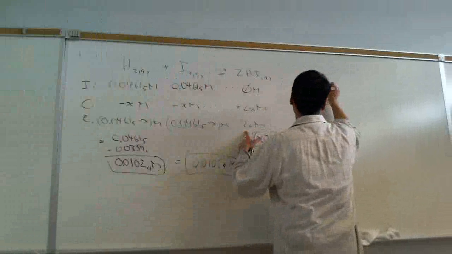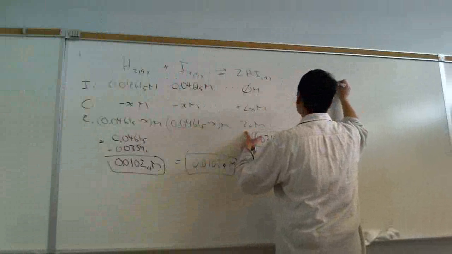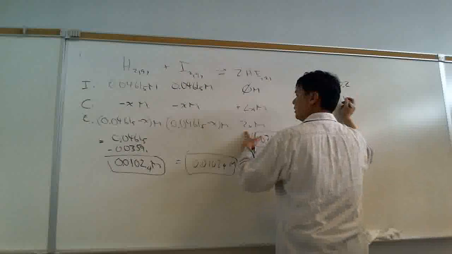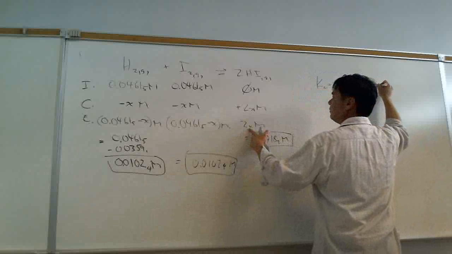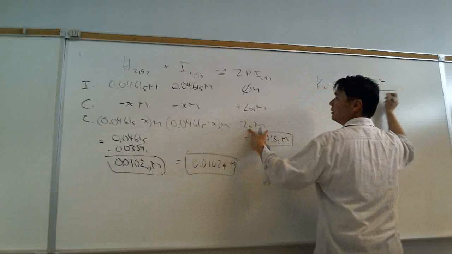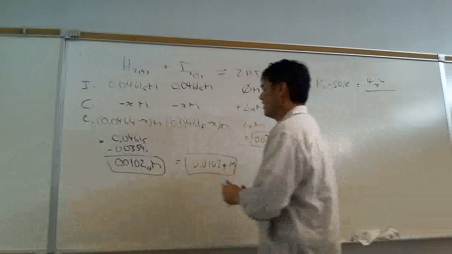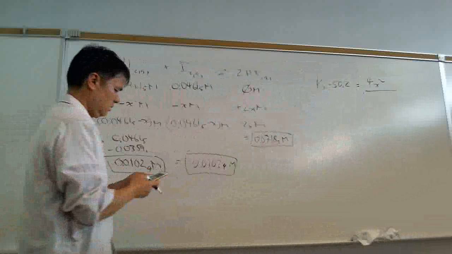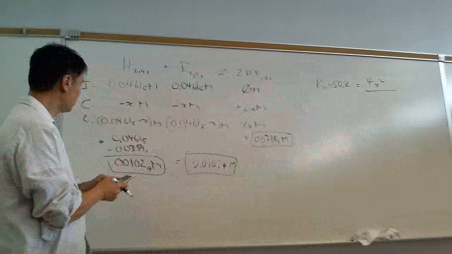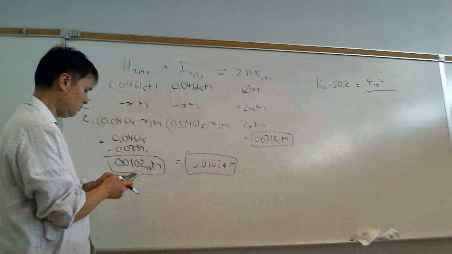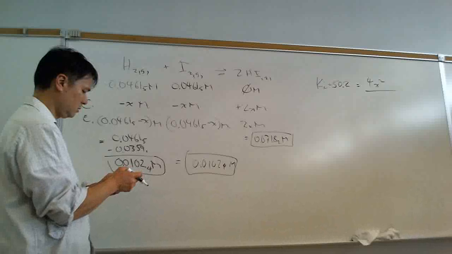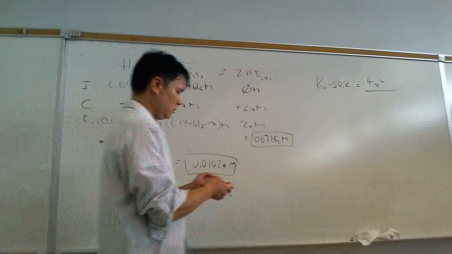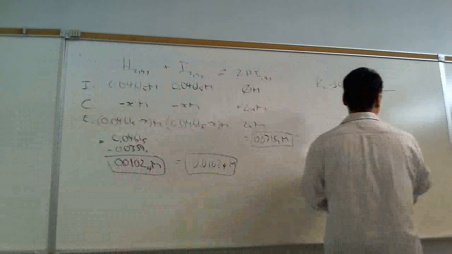And so KC is 50.2, and this is going to equal 4x squared. Then did I multiply these out right? 0.04615 squared, 0.0021.